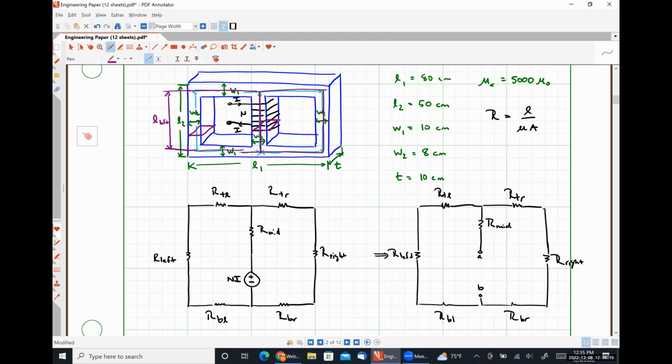Since all of the vertical members have a width of W2 and the whole thing has a thickness of T, they all have the same cross-sectional area of W2 times T. So because they have the same flux path and the same cross-sectional area, and they're made of the same material, the reluctance has to be the same.